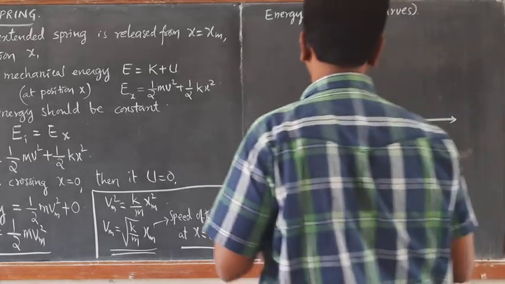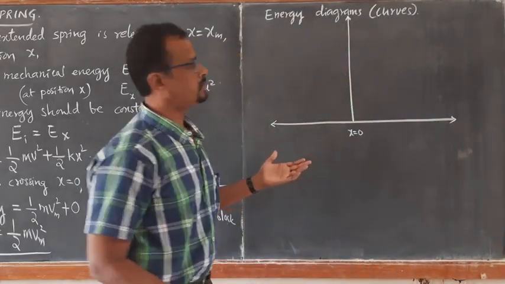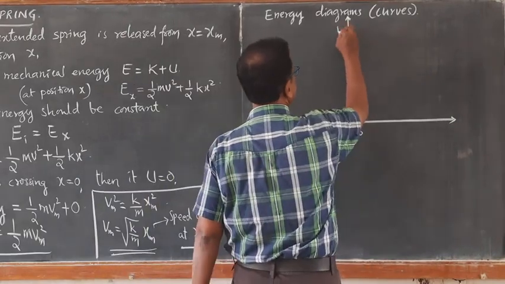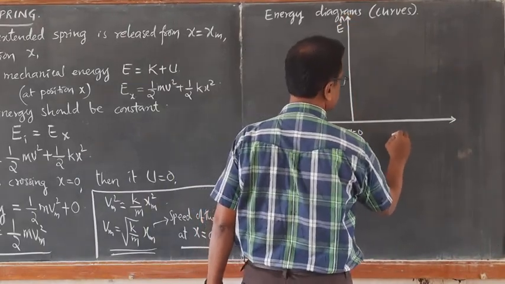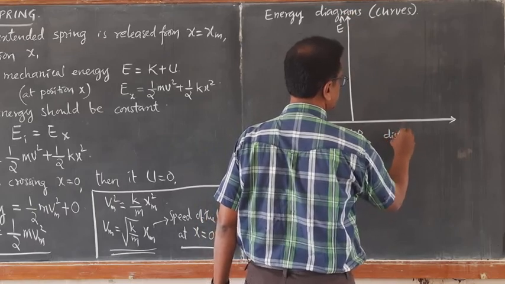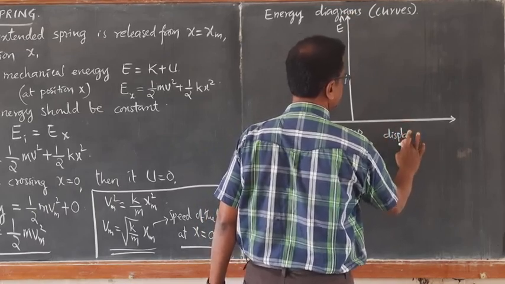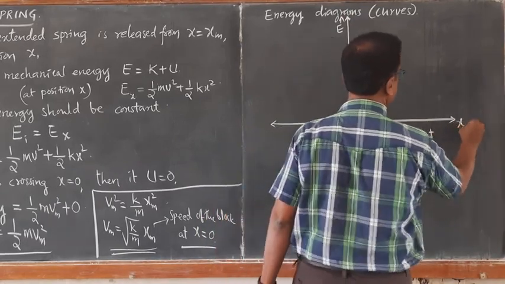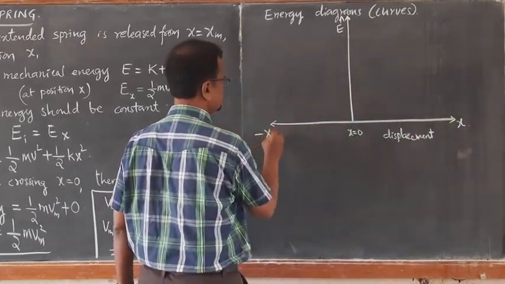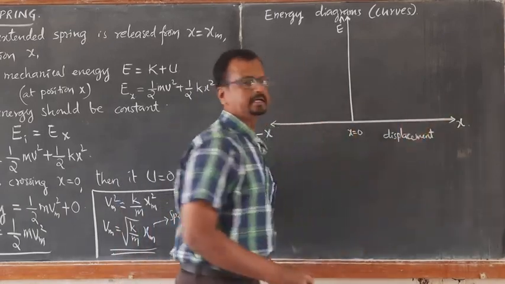Okay, let us consider a graph drawn for mechanical energy E versus displacement x. This is my x-axis, and this is the negative x-axis, representing displacement.